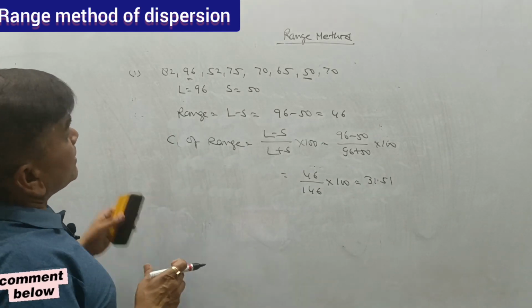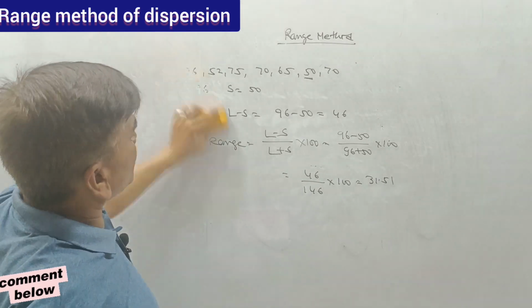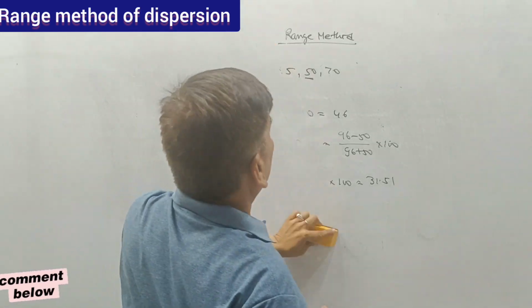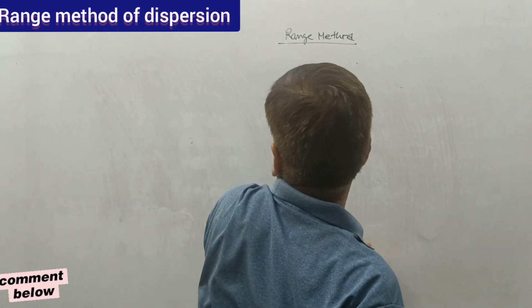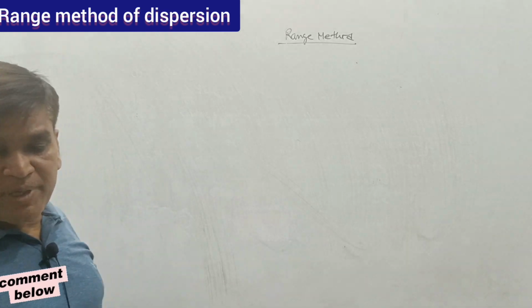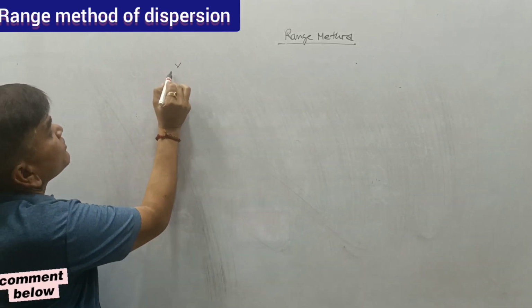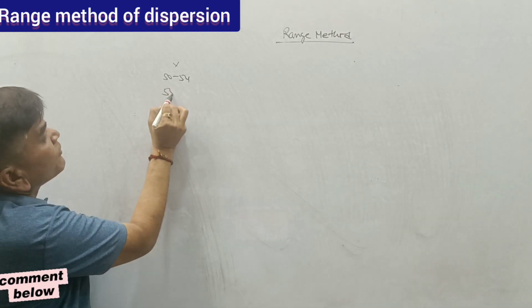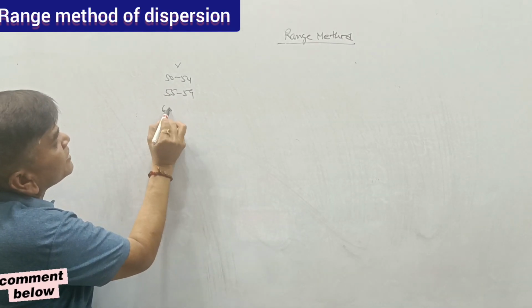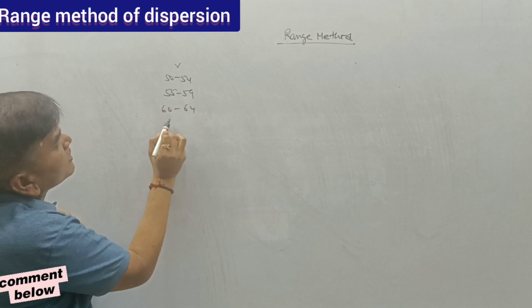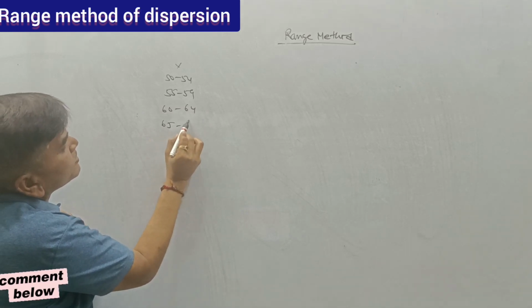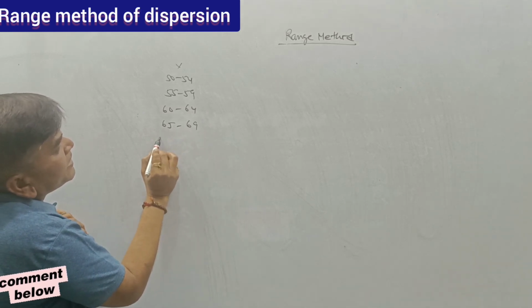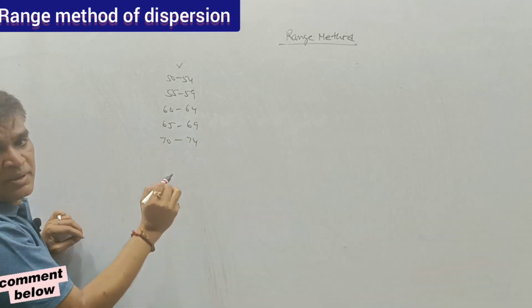This is the individual series case. If it is a continuous series, how will we calculate the range value? Suppose we are given x as 50 to 54, then 55 to 59, then 60 to 64, then 65 to 69, then 70 to 74.